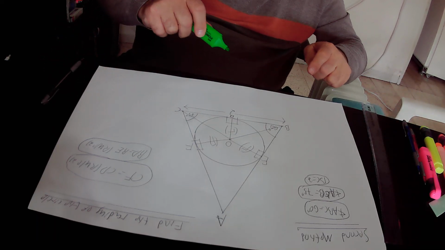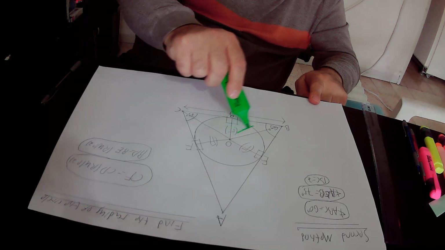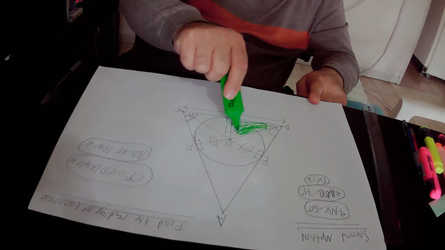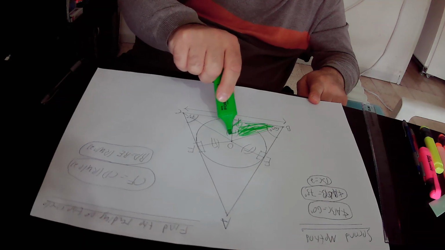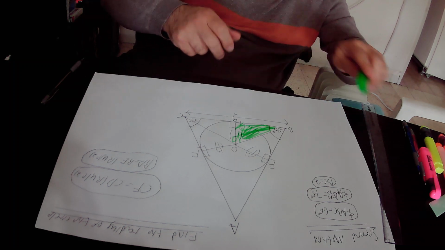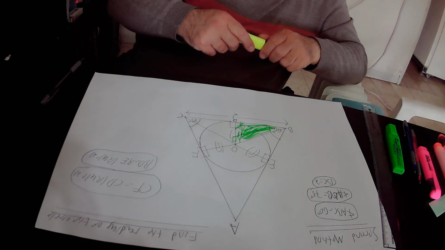And we prove that the green right triangle BOD is congruent to the yellow right triangle EOB.